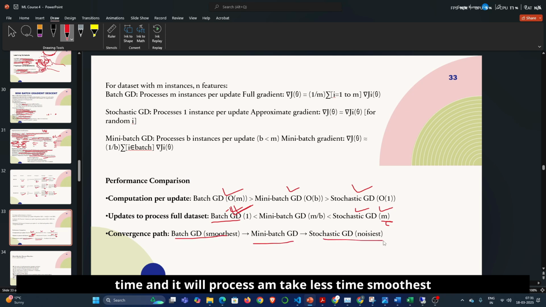Batch is the smoothest, stochastic the noisiest, and in between is mini-batch. In one go batch computes m, so it takes more time. Mini-batch computes only b, which is the middle.